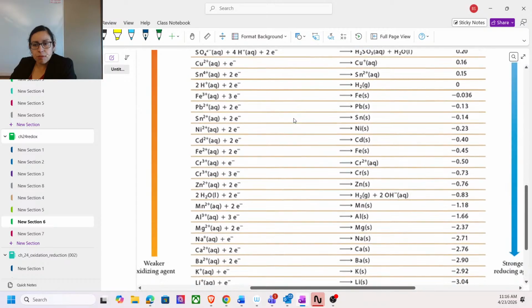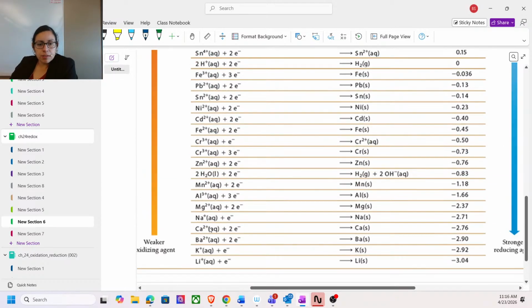And so now I'm going to scroll around. Here's sodium at the bottom. But of course, we need to flip the sign. Like I mentioned in lab, we're all getting up to speed, and it'll make more sense by the end of chapter 25 for sure. This is the reduction potential for this process.